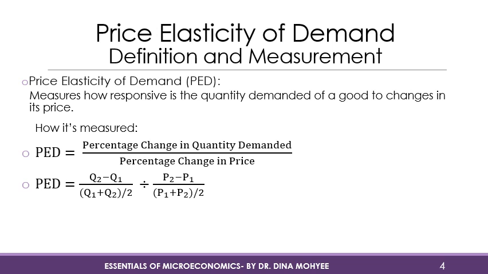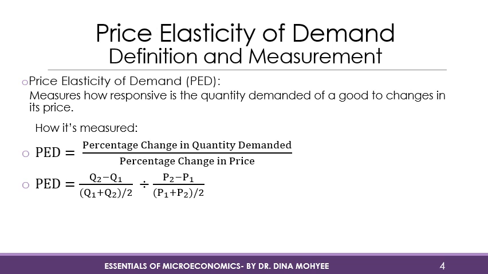It is measured as the percentage change in quantity demanded divided by the percentage change in price. To measure how much the quantity demanded changes, we calculate the percentage change in quantity demanded by subtracting the new quantity from the original quantity divided by the average of these two quantities.